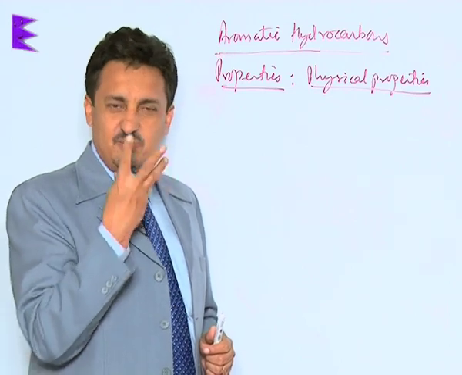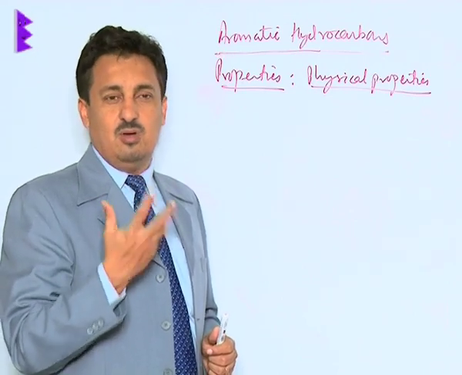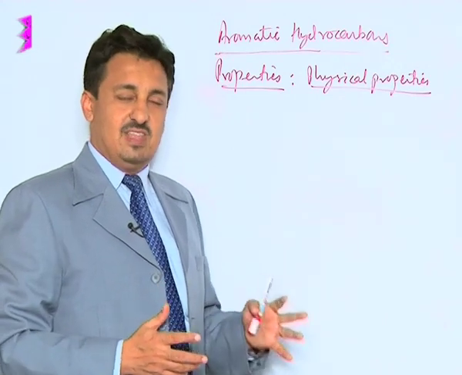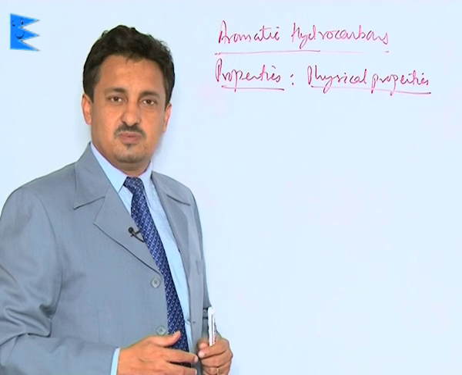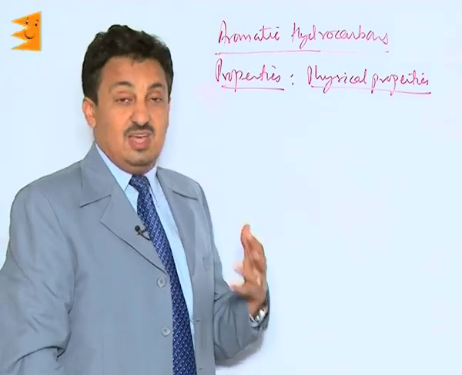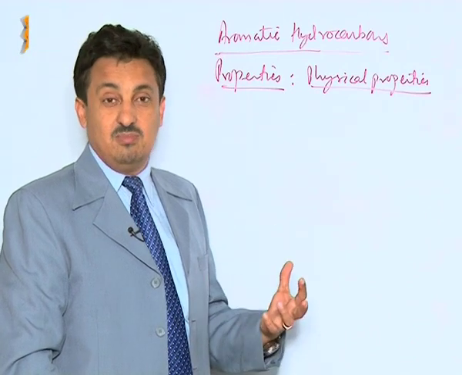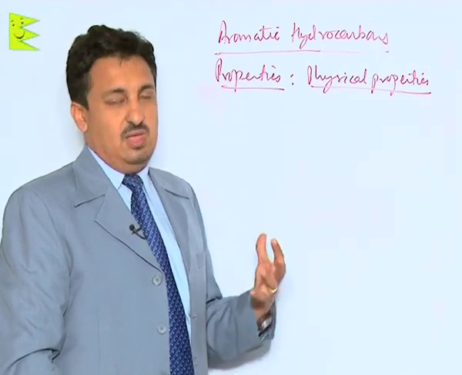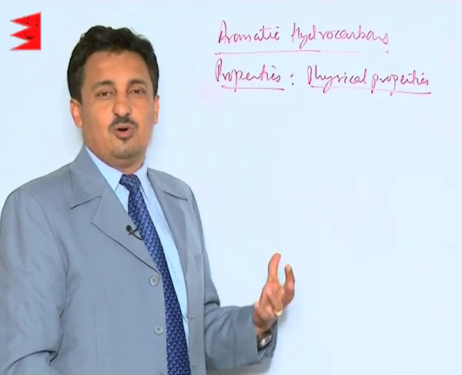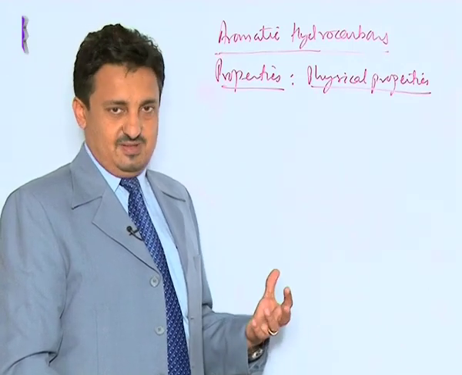They have a very specific moth smell, which makes them very easily distinguishable from the rest of the other compounds. Since these are non-polar in nature, they are completely immiscible with polar solvents like water, but yes, they are soluble in non-polar solvents like CCl4, carbon disulfide, etc.